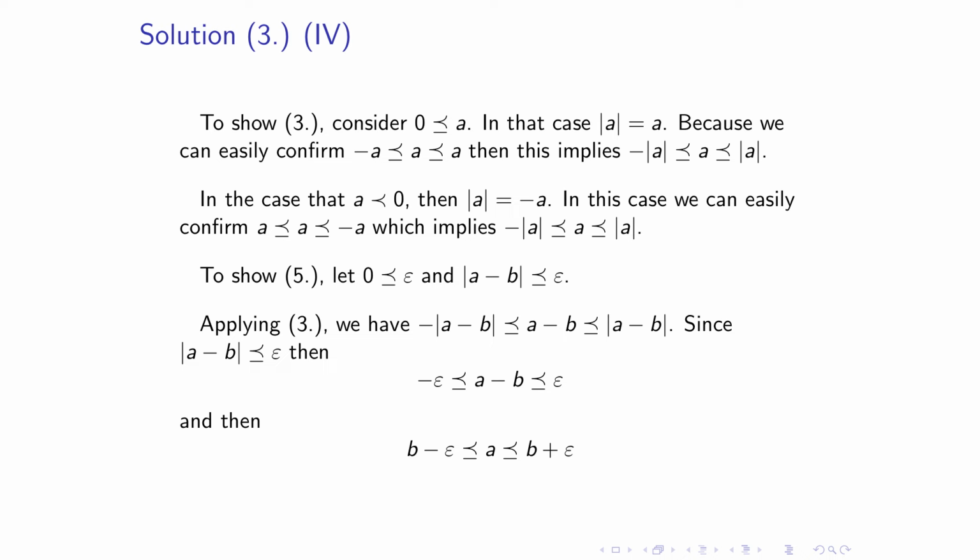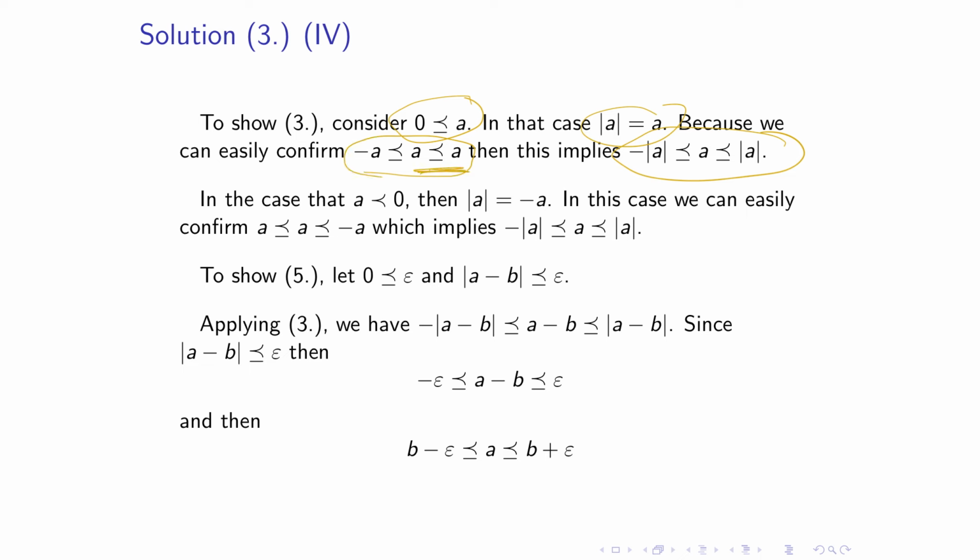For the demonstration in part 3, I don't think we can just deduce it quickly from part 2, so let's consider some cases. Remember that what we're trying to show is this chain of inequalities. So again, we're going to consider cases. Case 1: A is non-negative. In that case, its absolute value is just A. It is easy to demonstrate in this case.